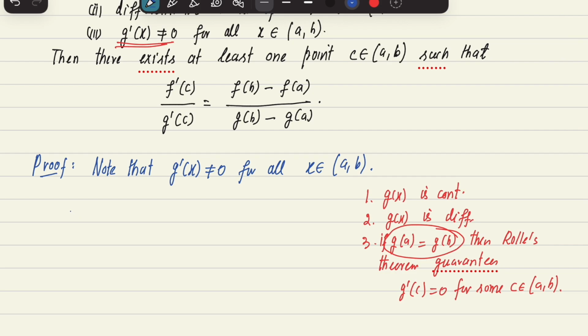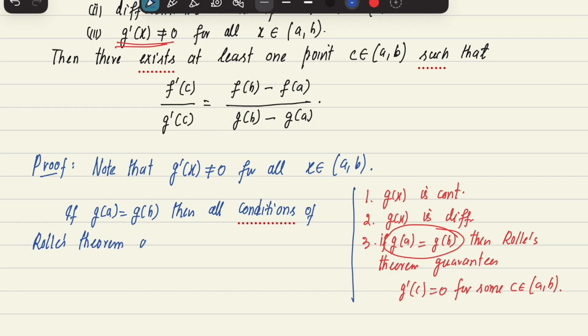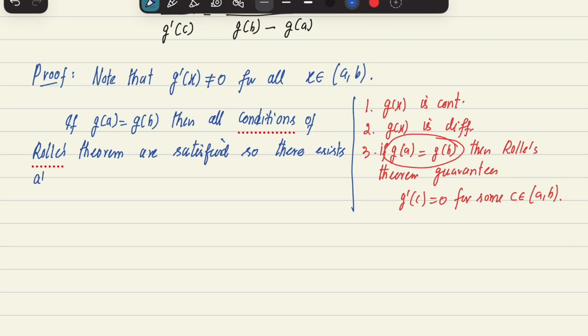Suppose, if possible, g of a is equal to g of b; then all conditions of Rolle's theorem are satisfied, so there exists at least one point c belonging to the open interval a b such that g dash of c is equal to 0.